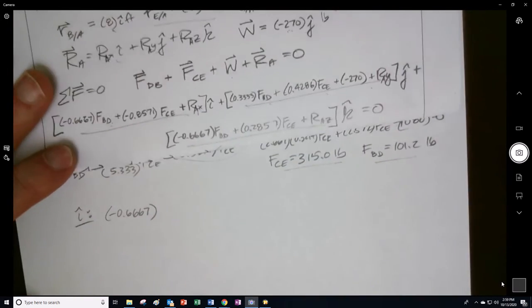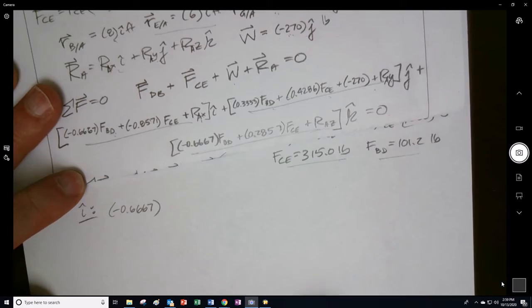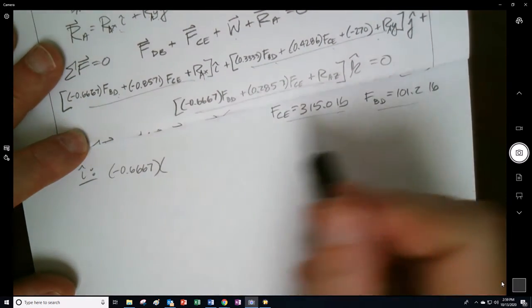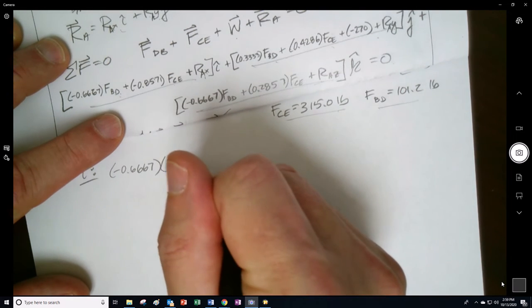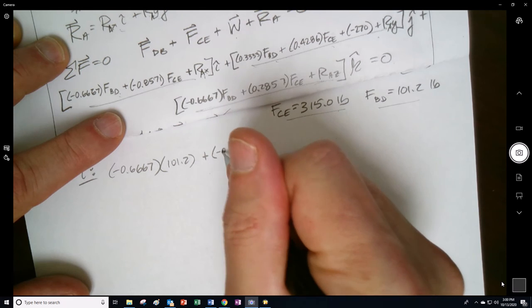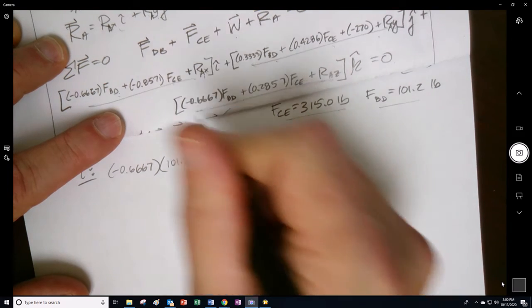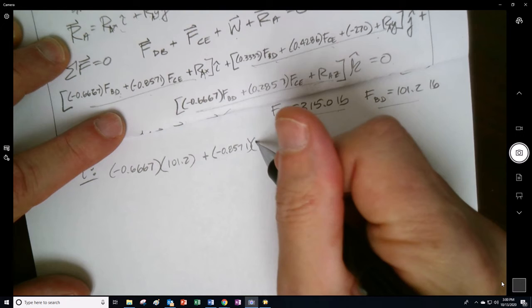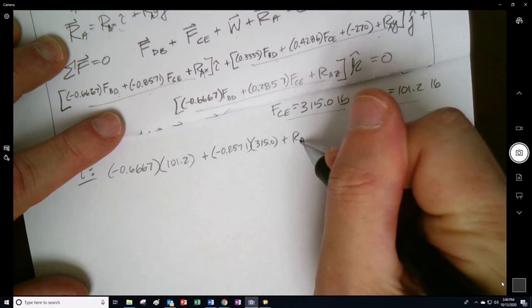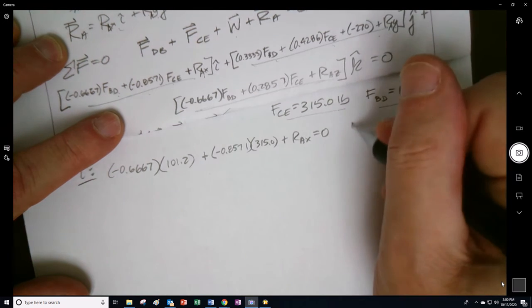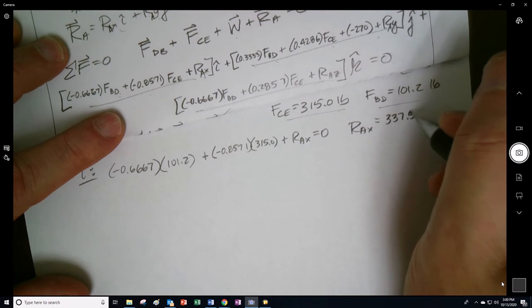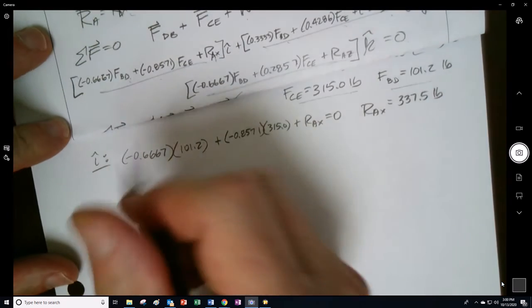Then I'm plugging those back in. That's the BD, so that's the 101.2 plus negative 0.8571 times my 315.0 plus my RAX equal to 0. RAX is equal to 337.5 pounds.